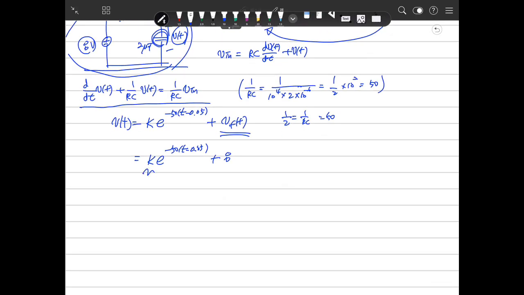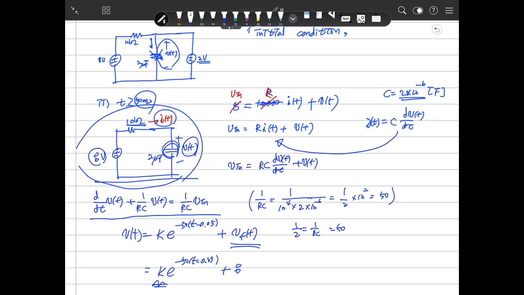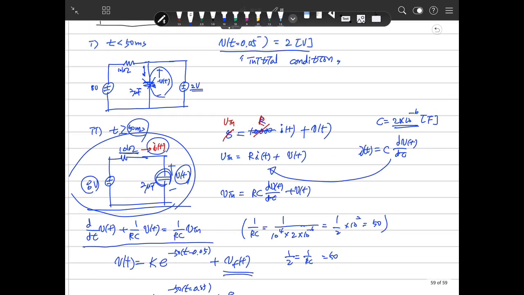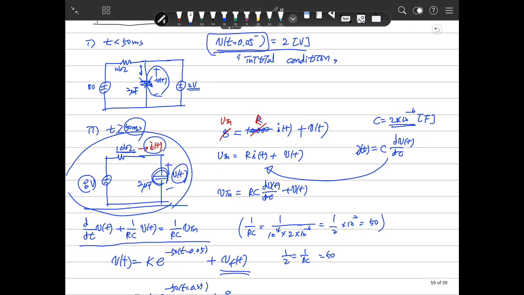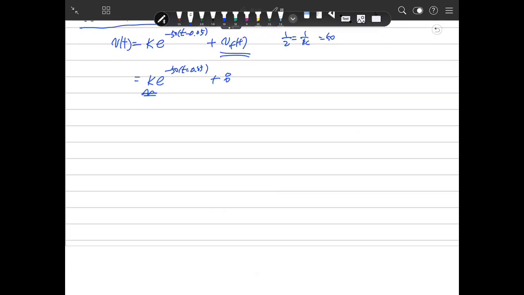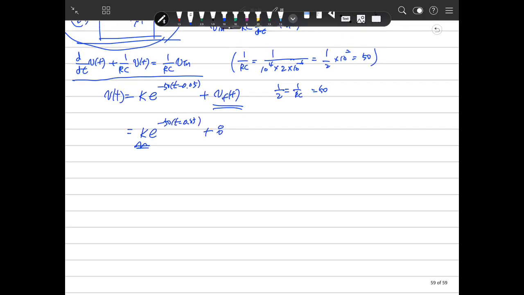Then we need to know K. How can we solve it? We use the initial condition: at the time t is 0.05, V is 2. So K plus 8 equals 2. Therefore, K is minus 6.